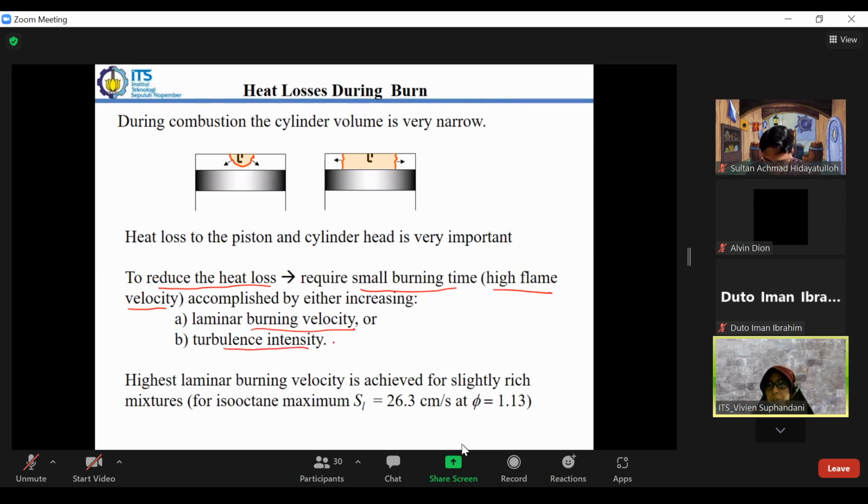This is what we discussed before. If it's possible, we design the cylinder such that the flow inside will be turbulent. Or if it's not possible, and we have only laminar flow, we have to increase the burning velocity, or try to operate at higher speed.